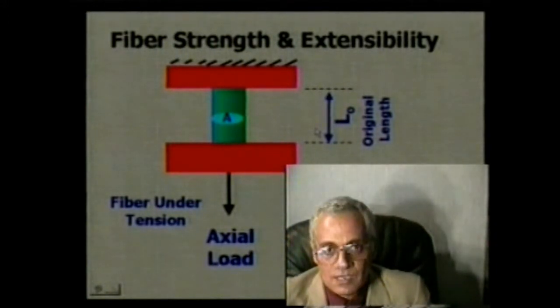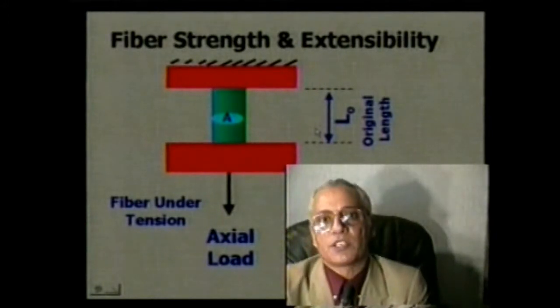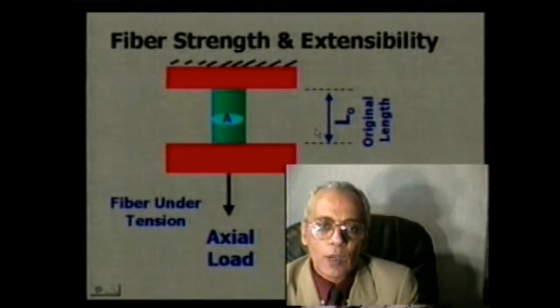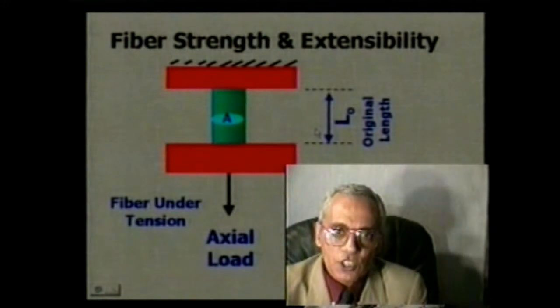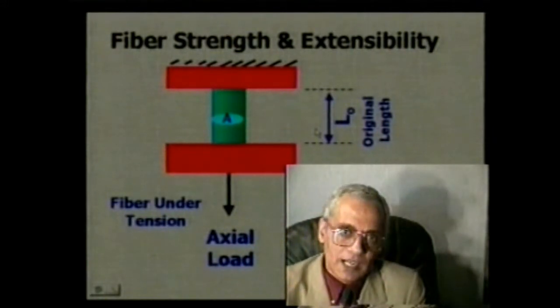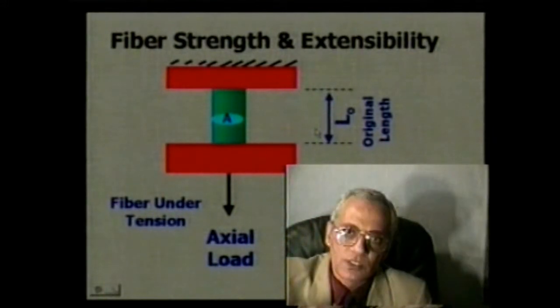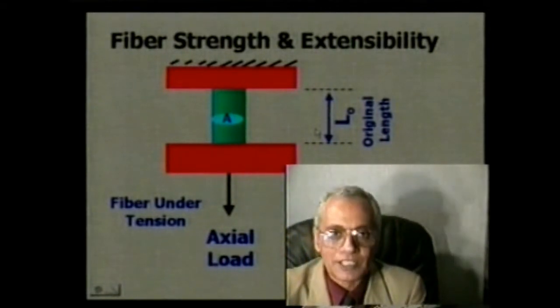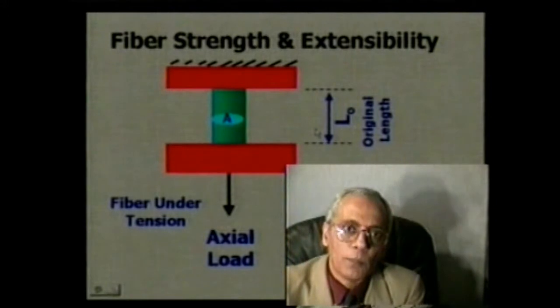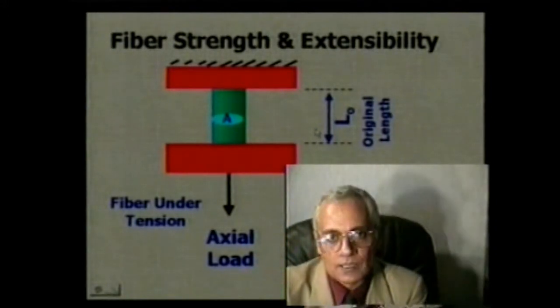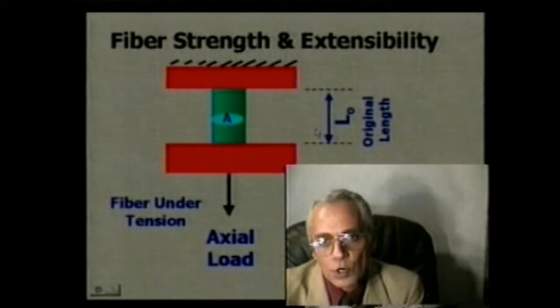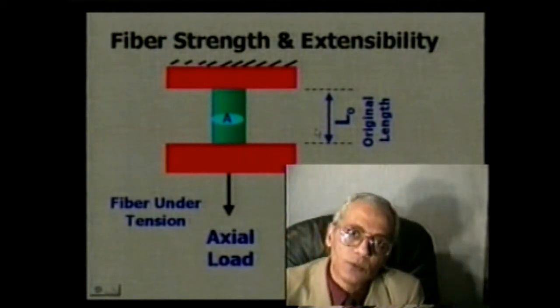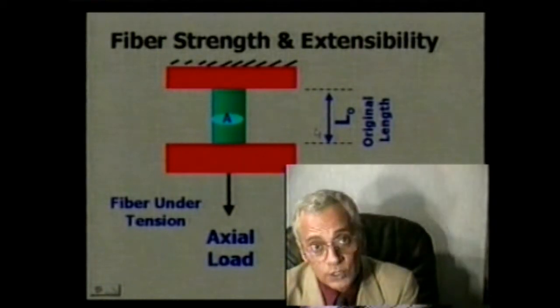But in any case, as we stretch the material along its axis, a tension builds up, because the material is trying to resist the external loading. So internal stresses will build up inside the material, and different materials will react differently to the same level of loading.